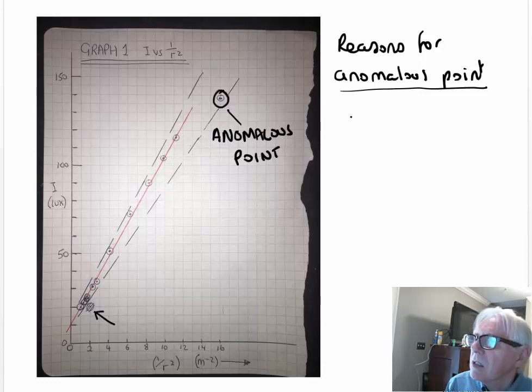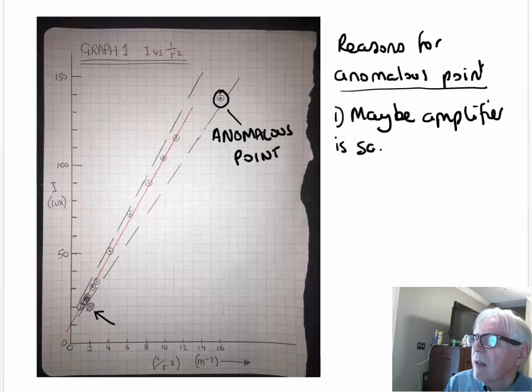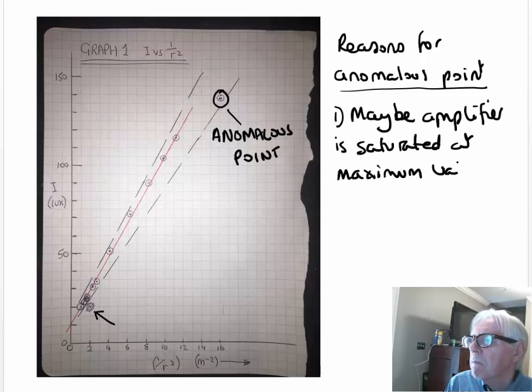And one is maybe the amplifier is saturated. Maybe there's a maximum value and we reached it.